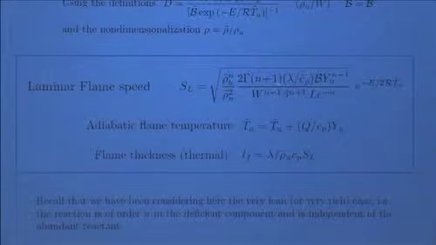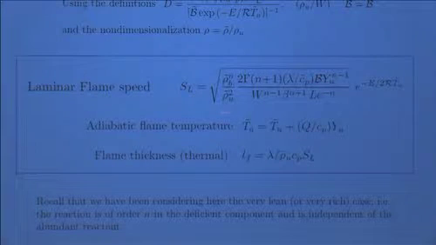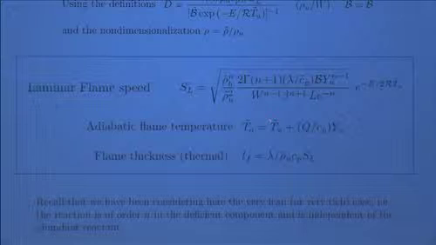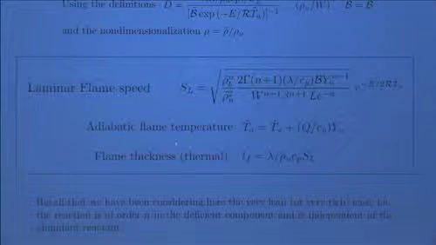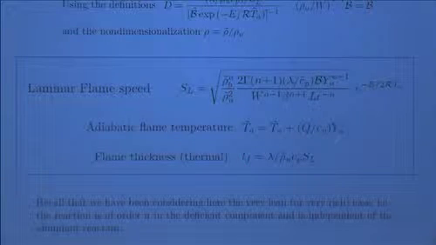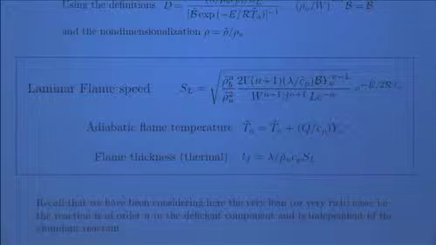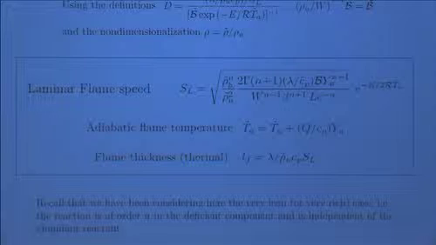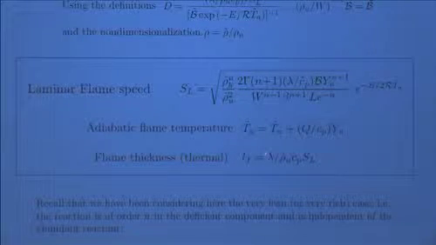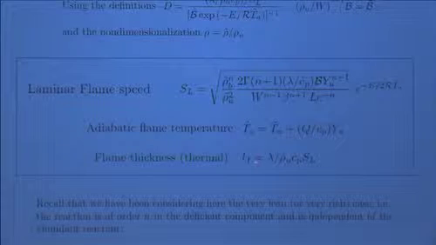It's written with tildes, so these are all dimensional quantities. The adiabatic flame temperature in dimensional form is this, and the representative flame thickness, and I'll make a comment about this again soon, is just the thermal diffusion length, which is given by that.